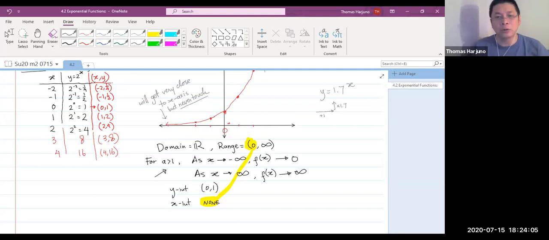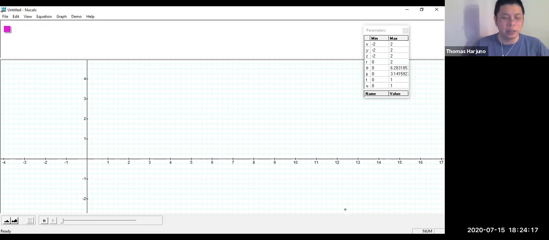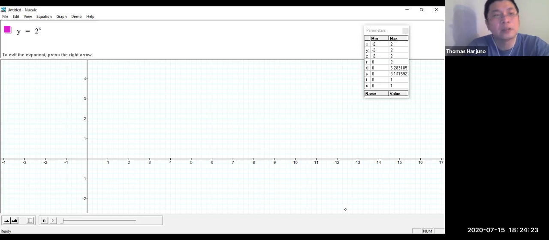Now, let's take a look at our graphing software to do some comparison. You will see that as long as the base is greater than 1, the function is increasing.